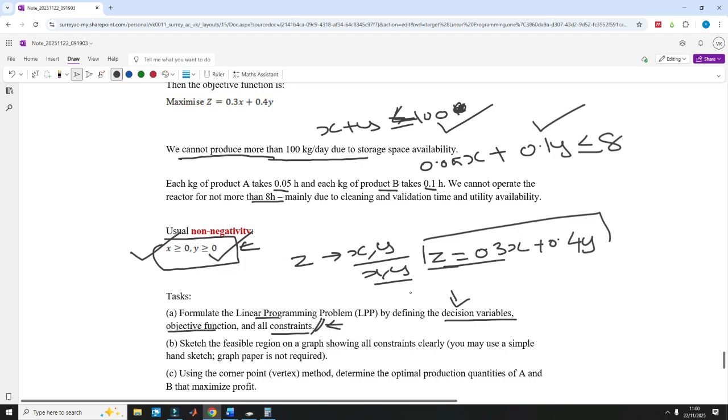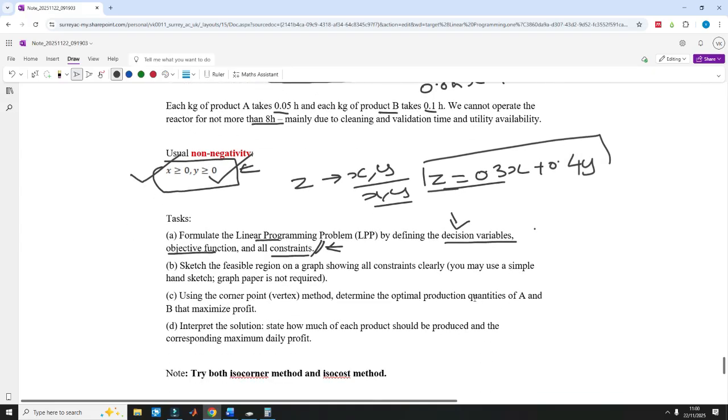Whatever we did now is called the LPP. We wrote the formulation of the LPP problem. Too many buzzwords until now, but try to remember them. Now we have to sketch the feasible region on a graph, showing all the constraints clearly.